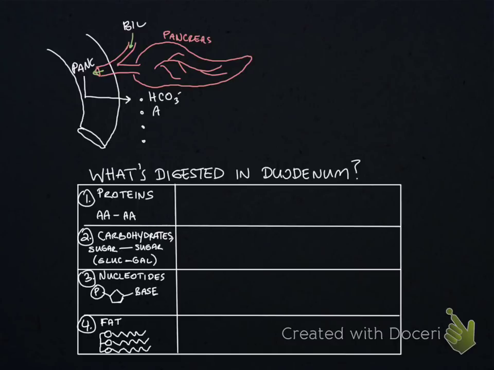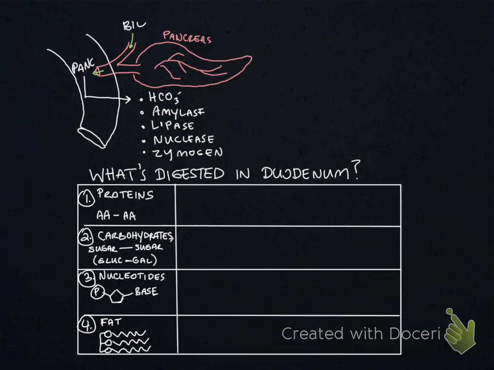We get pancreatic amylase that helps to digest the carbs. We get lipase, which helps to digest fats, and we also get nuclease, which helps to digest nucleotides, and then also other zymogens, which are inactive enzymes.